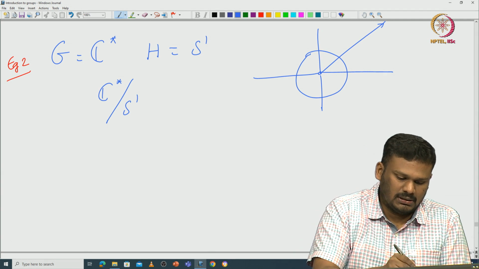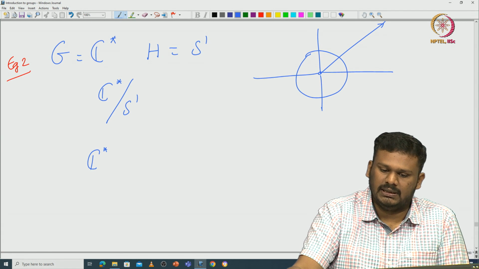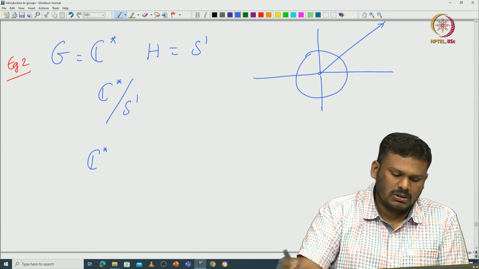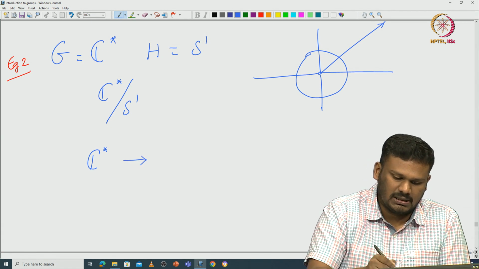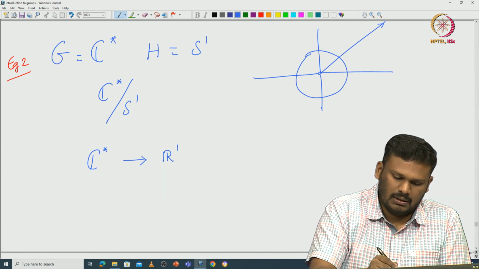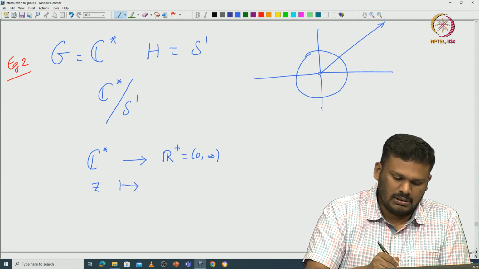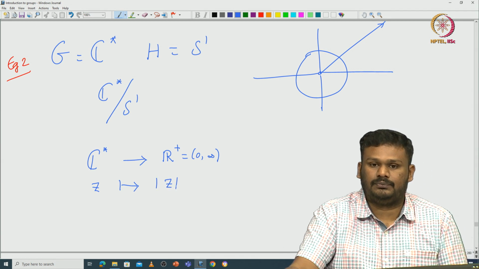So that means C star modulo S1 should look like this ray. Let us define a map from C star to R plus, which is (0, infinity). What is the map? There is the standard map, z goes to the modulus of z. Okay.